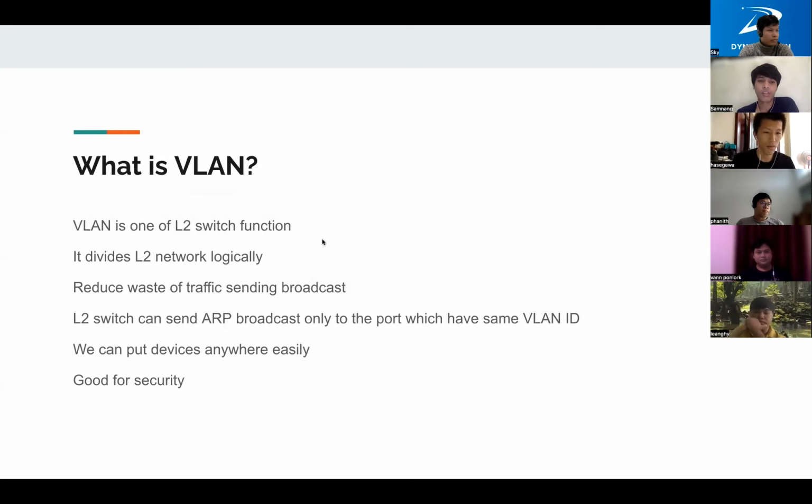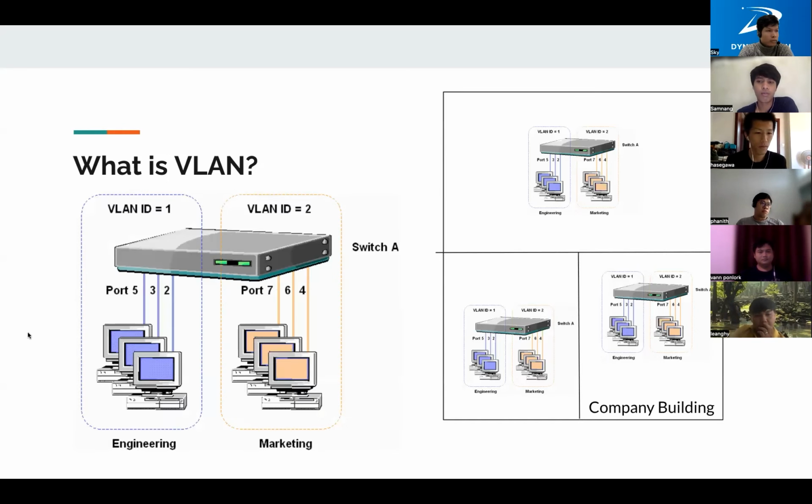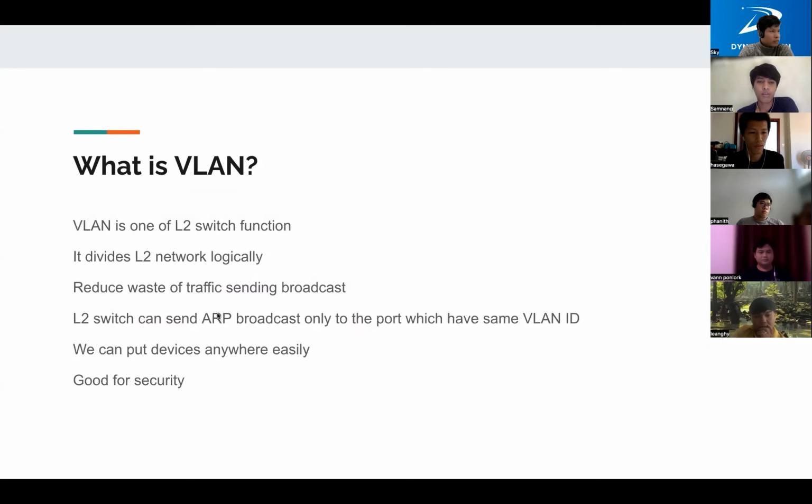An L2 network has to send a broadcast to all devices connected to the switch. So if we use VLAN and divide the network, we reduce waste of traffic.